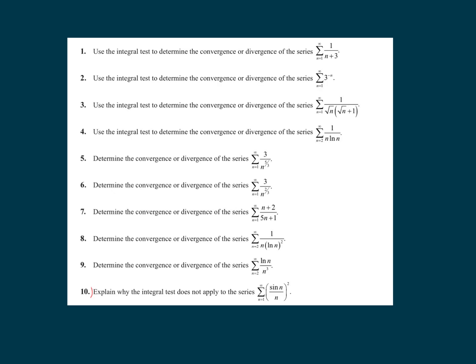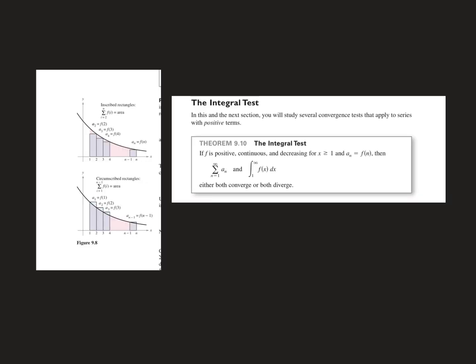The integral test says that if you have a positive, continuous, and decreasing function, if this integral converges, this series converges. If this integral diverges, this series diverges. Let's apply this test to several examples.